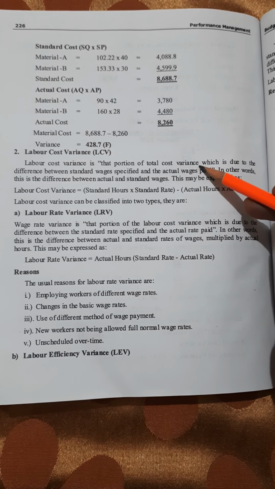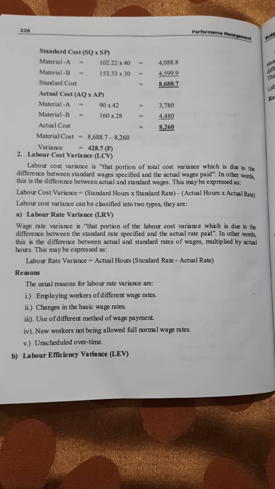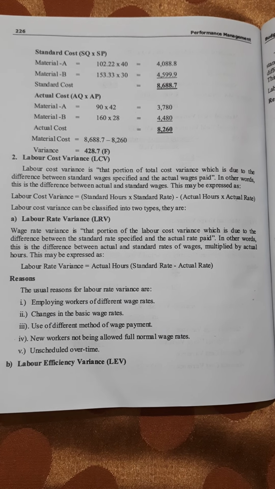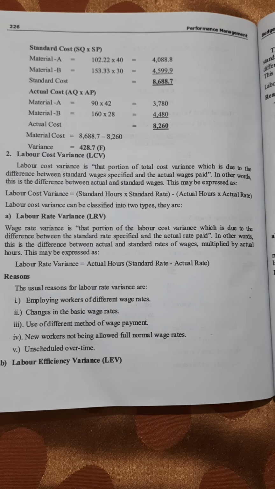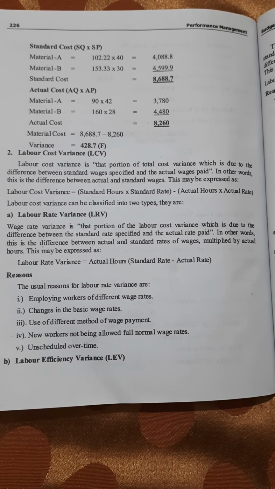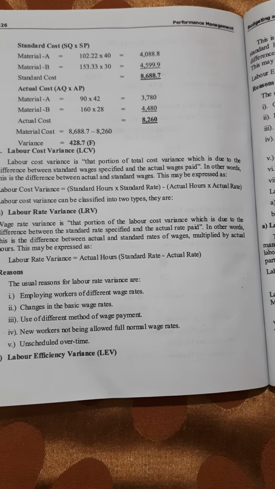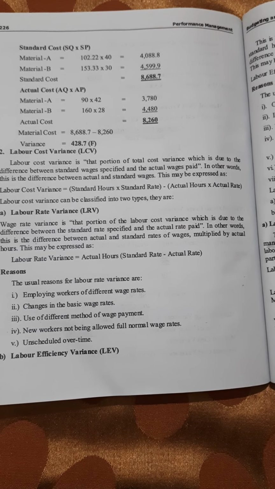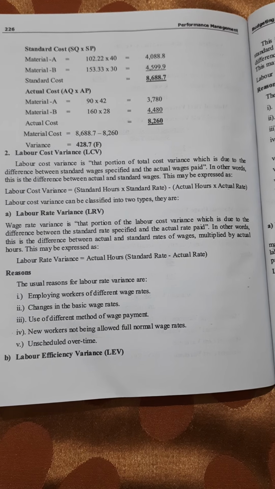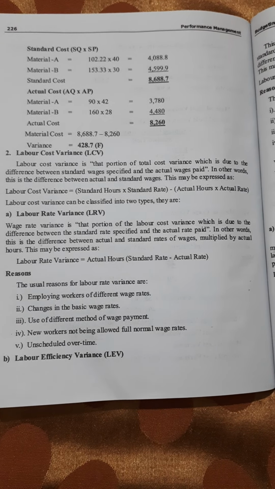Clear? Labor rate variance shows the difference between the standard rate, which is specified by a business, and the actual rate paid. Standard is what is fixed beforehand, actual is what they are actually paying. When you identify the rate difference here, we call it labor rate variance.